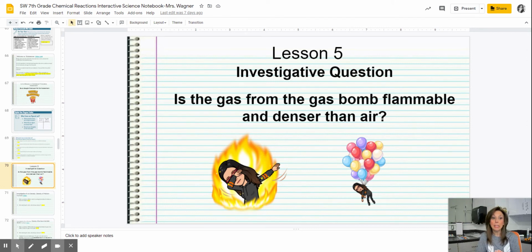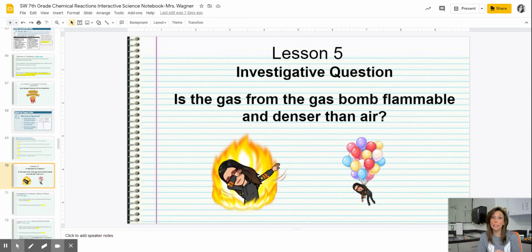So flammability and density. Flammability is a property of a material to go up in flames, to have a reaction. When you light a match and put it on paper, the paper's going to burn. So it's the ability of a substance to burn. So we're going to see if this substance has the ability to burn.